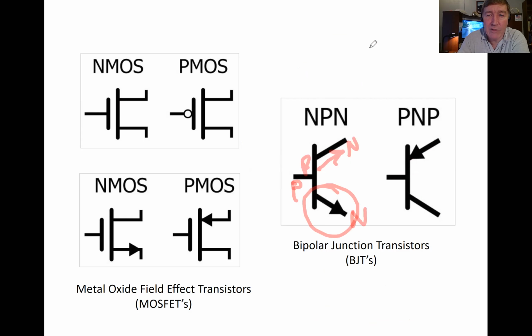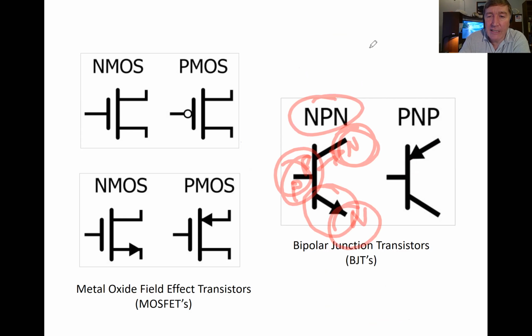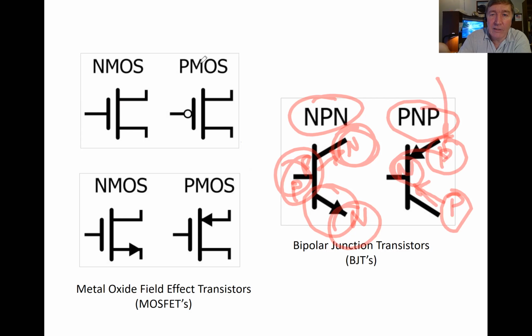If we name them starting at the top and going to the bottom, we get N, P, N. Whereas this one here is a PN diode, and this is also a PN diode. So if we start at the top, which is where we always start, it's PNP. This is a PNP transistor.